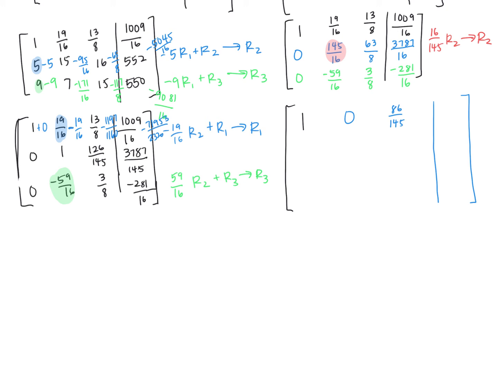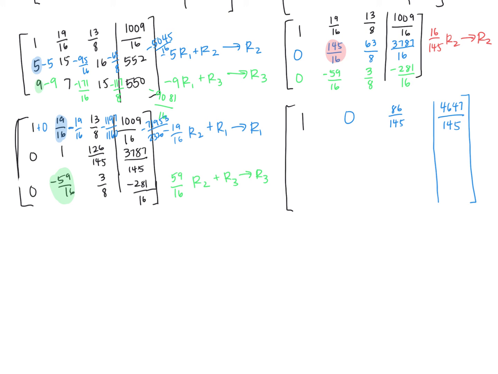And so when we subtract those fractions, 1009/16 minus 71953 over 2320, we get 4647 over 145.